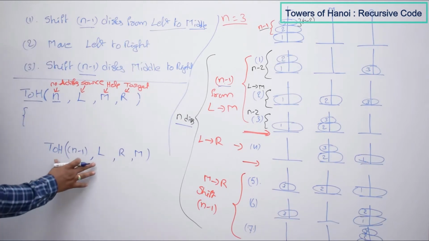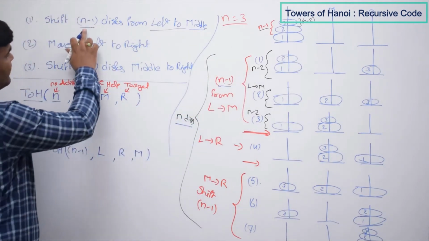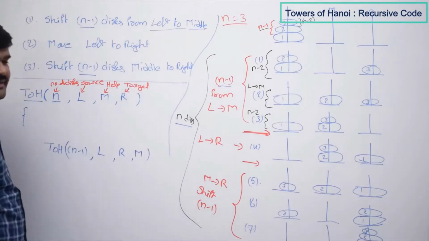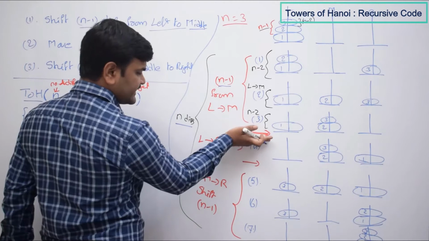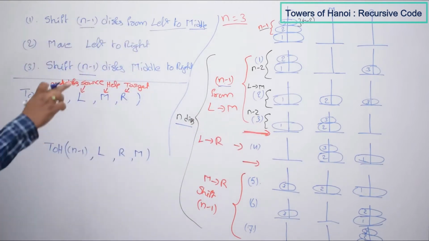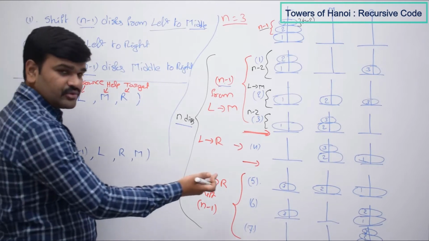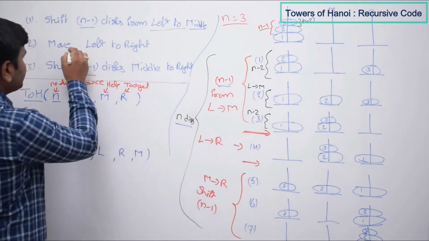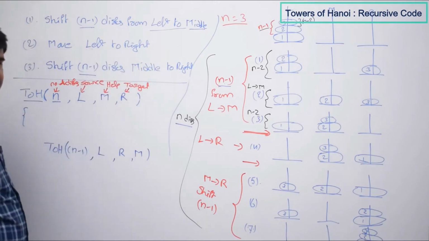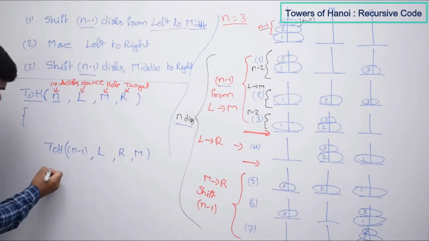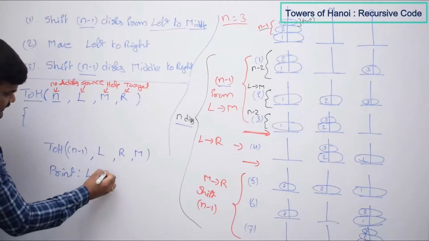So this step is doing this part, that means shifting n-1 disks from left to middle. So this step is completed, meaning we are at this position, and those three movements are done already. Now what we have to do? Now we have to move the first disk from left to right. Okay. So that is what we are printing, left to right.